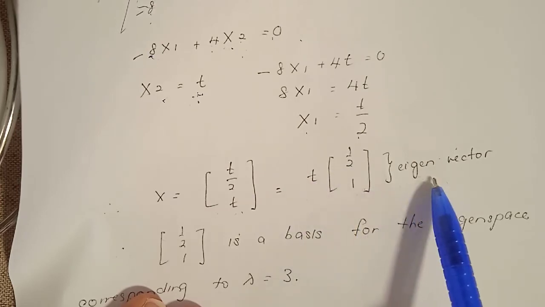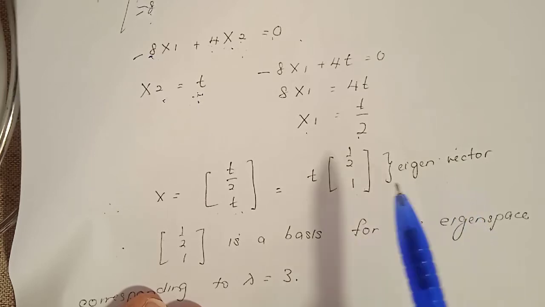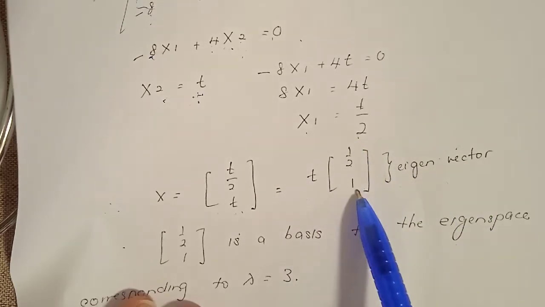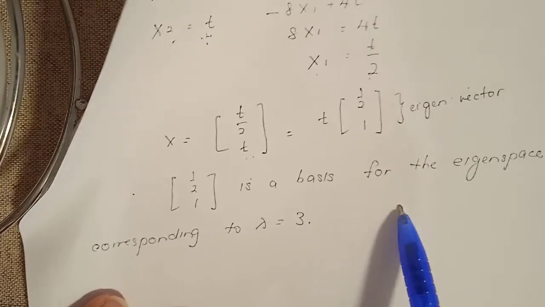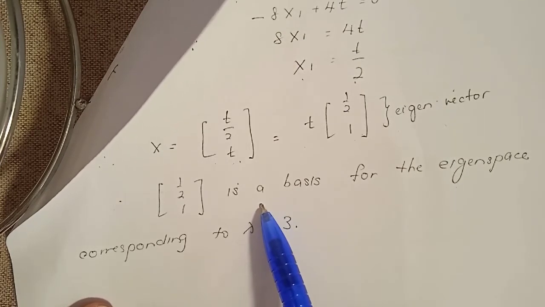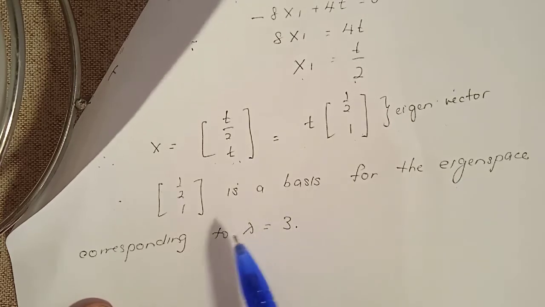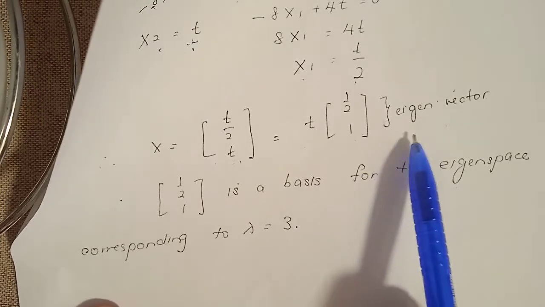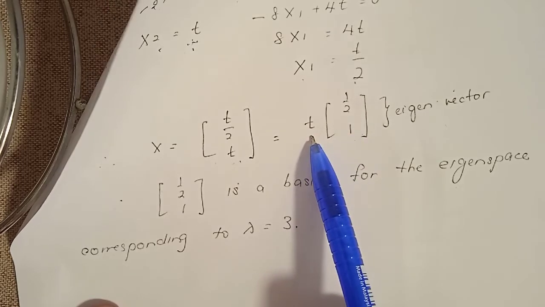So we have many eigenvectors with eigenvalue 3, but the basis is this one: half and 1 is a basis for the eigenspace corresponding to lambda equal 3. We can have many eigenvectors with this basis with different values of t.